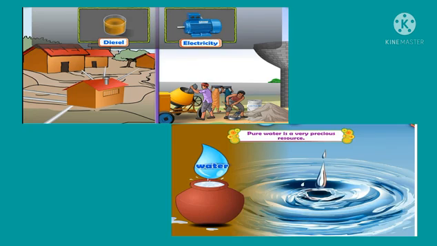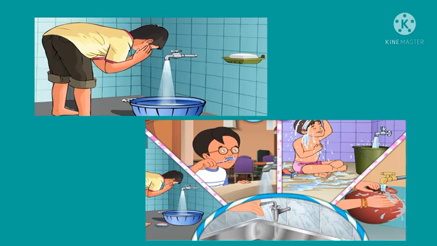Hence, potable water proves to be an expensive substance. We must take care of water just as we take care of our other valuables. Pure water is a very precious resource.